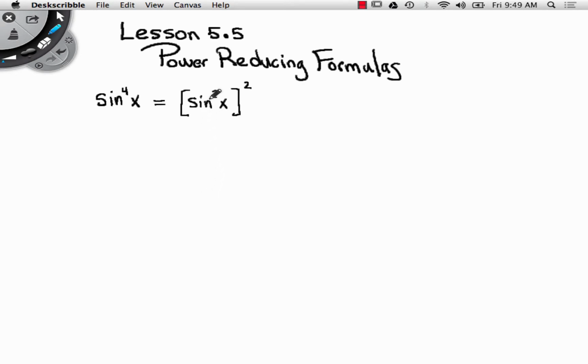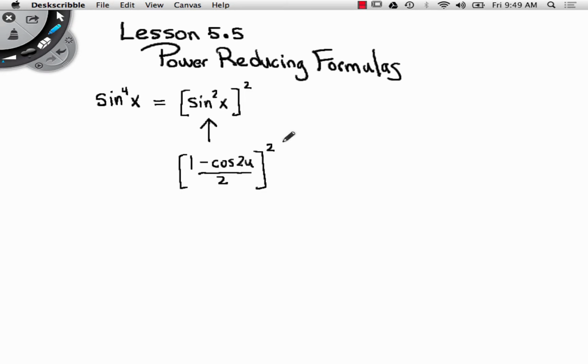Now the power reducing formula says that I can substitute and replace sine squared with 1 minus the cosine of 2u all over 2. So I replace the square of sine with this, 1 minus cosine of 2u all over 2.